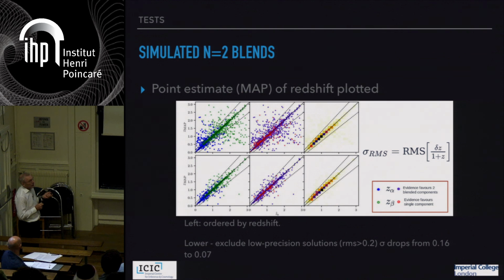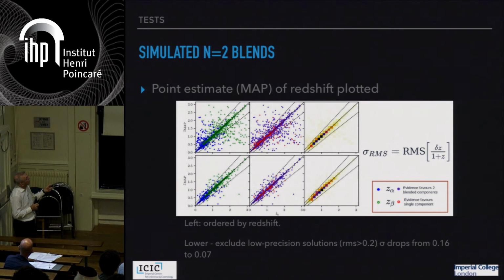The other advantage of having the full posterior is that you have some notion of the quality of the inference. So if you restrict yourself to the sources for which you have a relatively precise measurement of the redshift, so if you exclude everything where the RMS in the posterior is more than 0.2, then this cleans out the outliers.